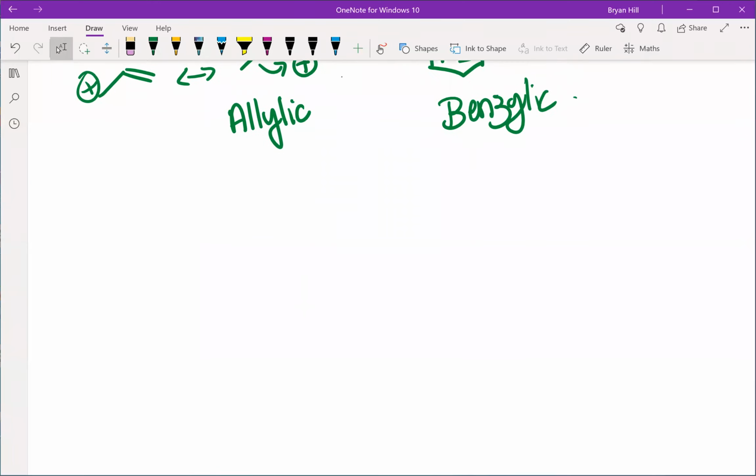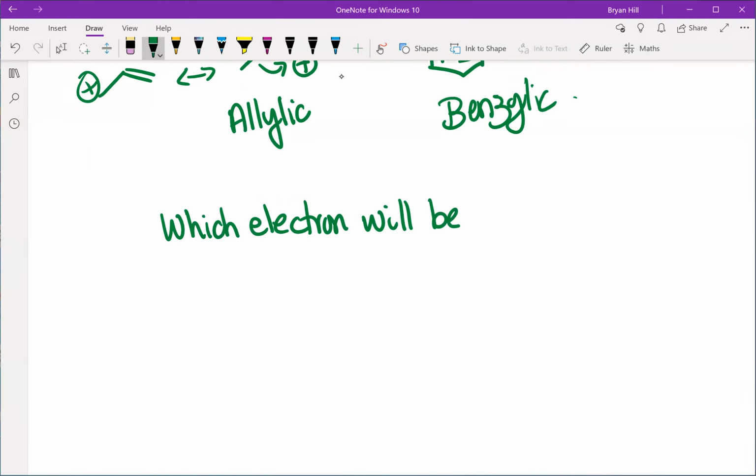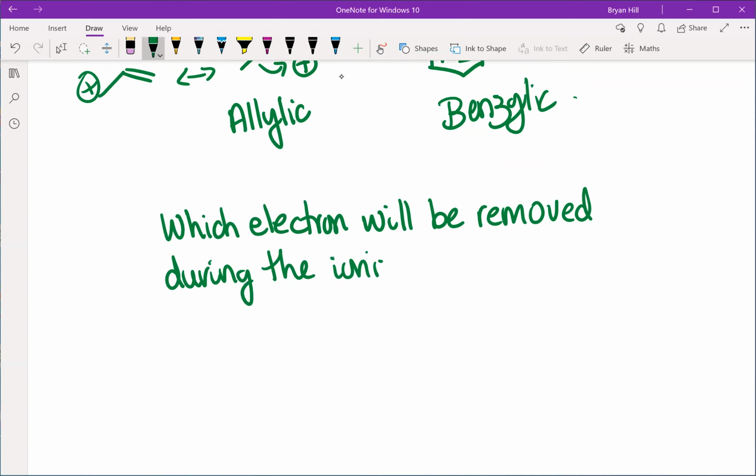But my next question is, which electrons, or which electron, will be removed during the ionization process?